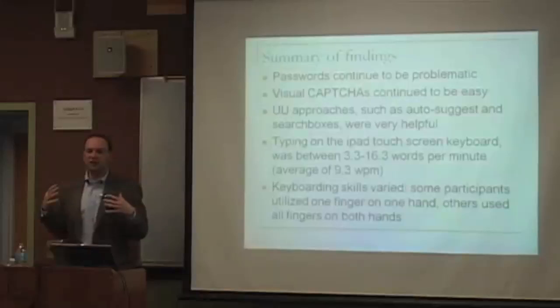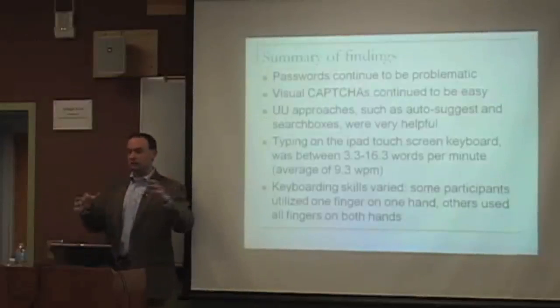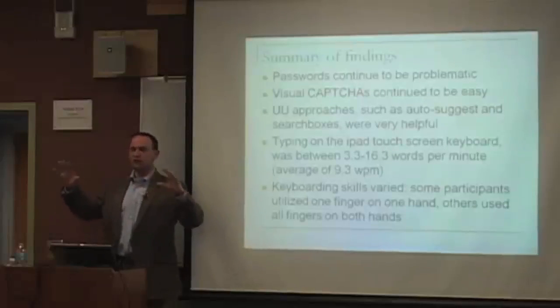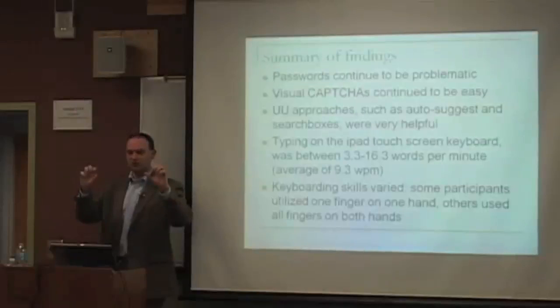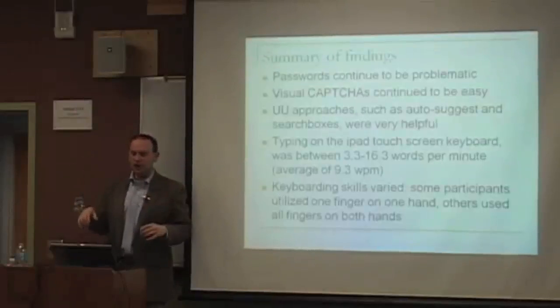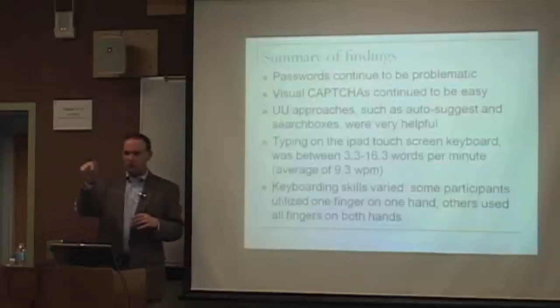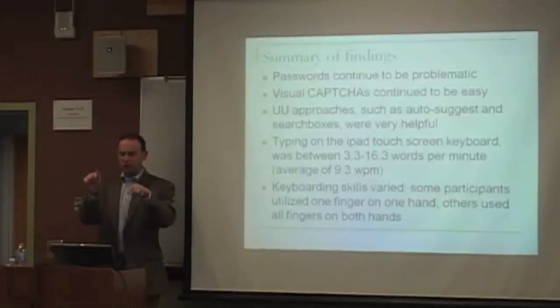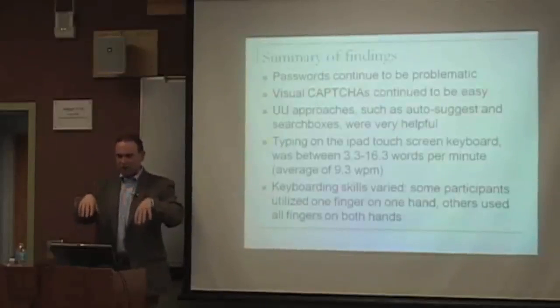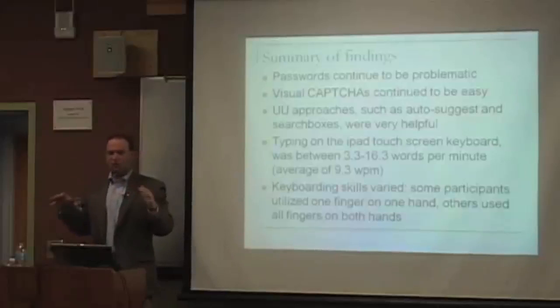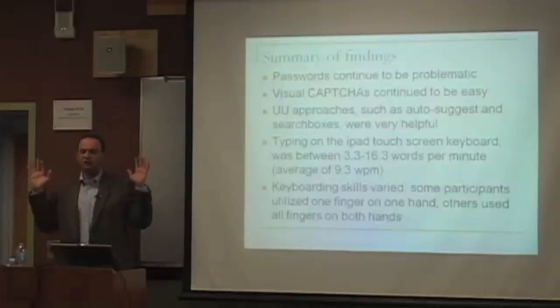Because what we found is that unlike with our expert user study on physical keyboards, where all of our 10 expert users all use both hands, multiple fingers, in terms of the touchscreen usage, some were using on the touchscreen keyboard, one finger hunt and peck. Some were doing the two finger. Some were using a combination. Some started doing this and then started doing like with the middle finger or then started using a thumb. So it really jumped around.